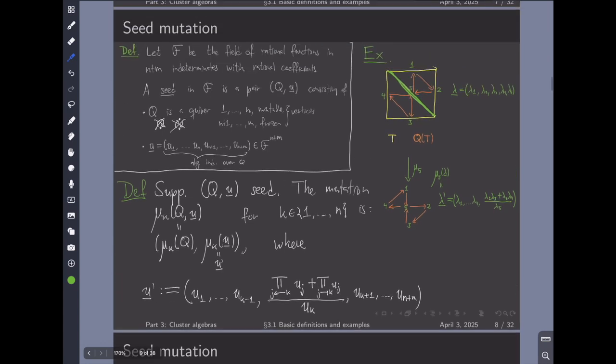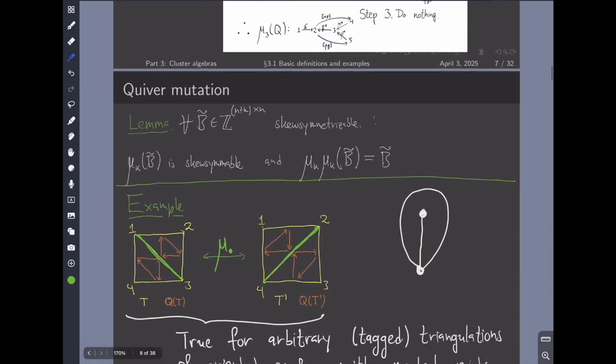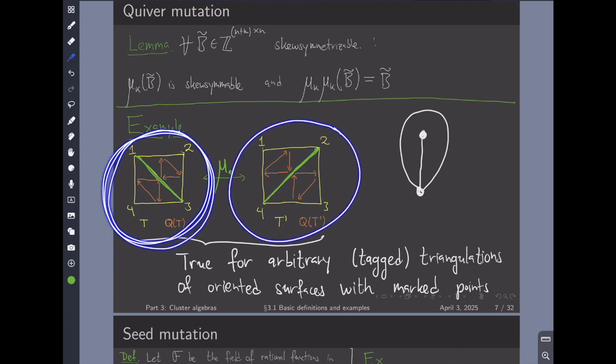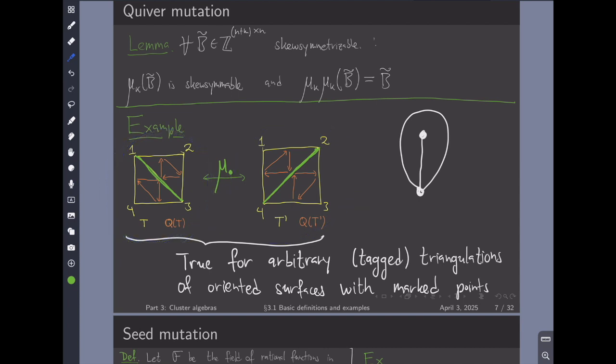Yeah. By the way, notice here the fact that I'm talking about triangulations of the square. Somehow that context forces me to consider the sides as frozen, because I cannot flip them.